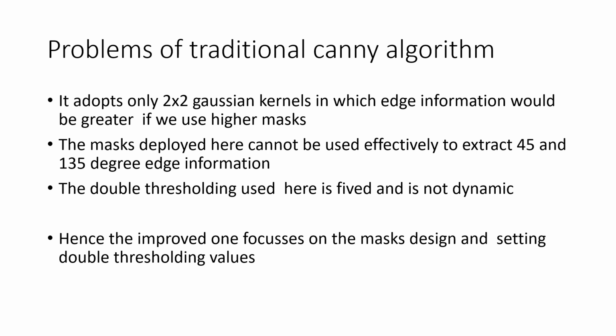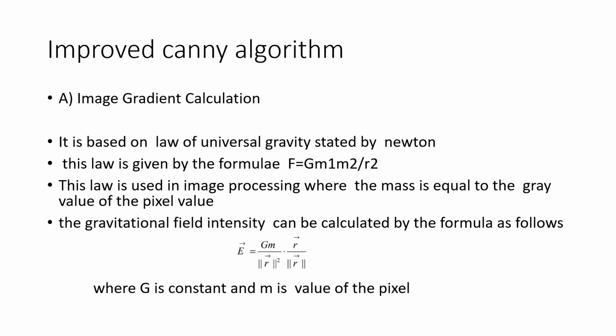Basically, this improved version of the Canny edge algorithm focuses on the mask design and setting double threshold values. The improved Canny edge detection is based on two tasks: image gradient calculation and adaptive threshold method calculation. In image gradient calculation, it is based on the law of universal gravity stated by Newton.